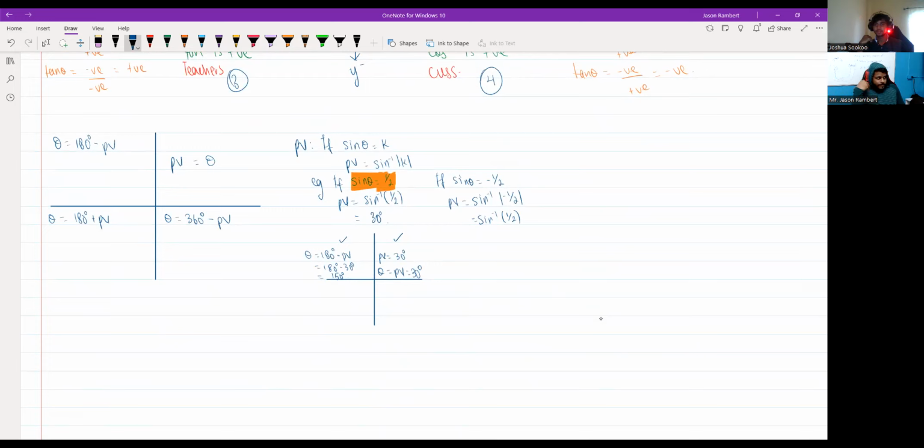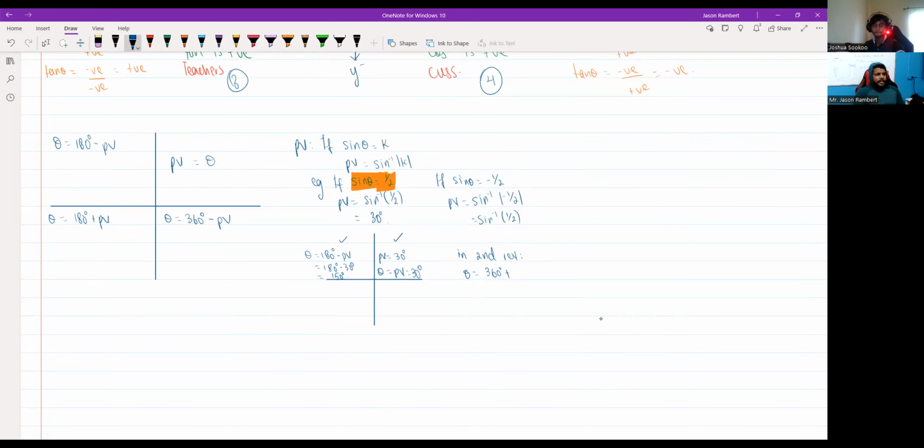Remember, sine of theta is cyclic, repeating itself every 360 degrees. In my first revolution, I get my first set of solutions. In my second revolution, I get my second set of solutions. So in the second revolution, theta will be equal to 360 degrees plus each angle I obtained in my first revolution.